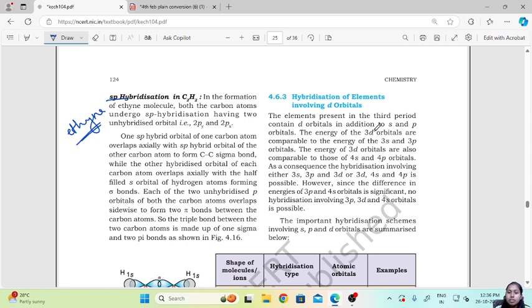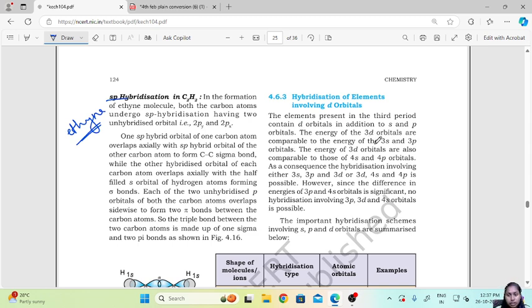The energy of 3d orbitals is comparable to the energy of 3s and 3p orbitals. Now d orbital starts from the third series, right? So it has a 3d third energy level. So the energy level of 3d orbital is comparably the same as 3s and 3p orbitals.